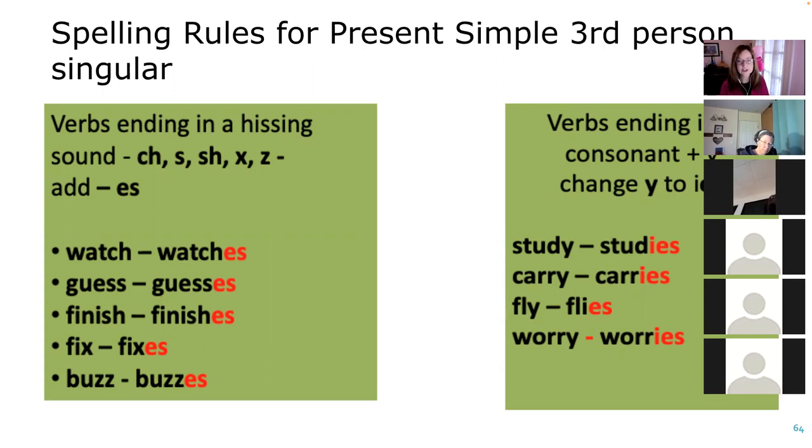So study changes to studies, carry, carries, fly, flies, worry, worries. And so it's good to let them know that there are some spelling rules that they can follow. That'll give them a little more confidence in their spelling and their writing if they can remember those spelling rules for adding the ES or the IES to the verbs.